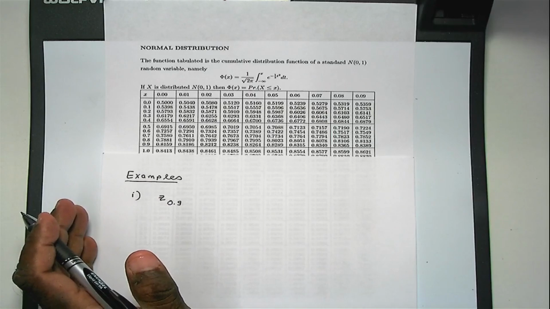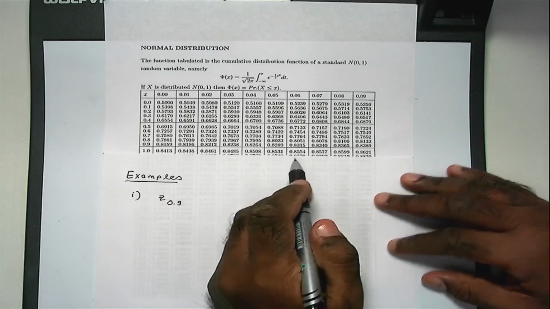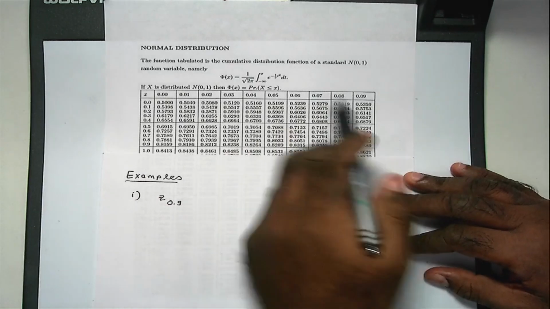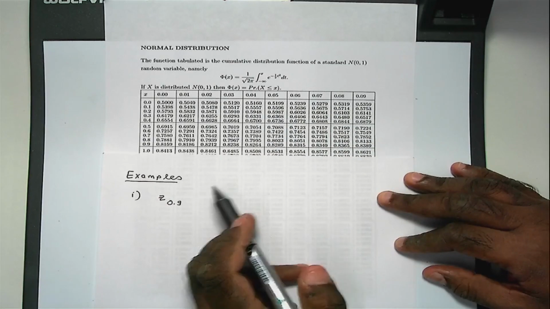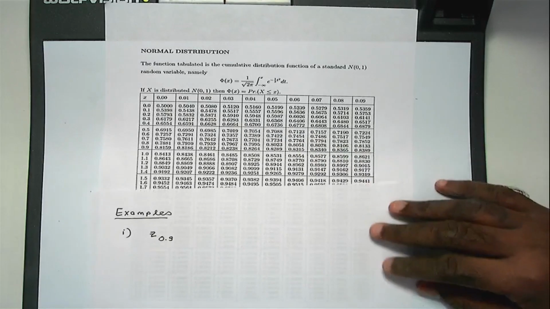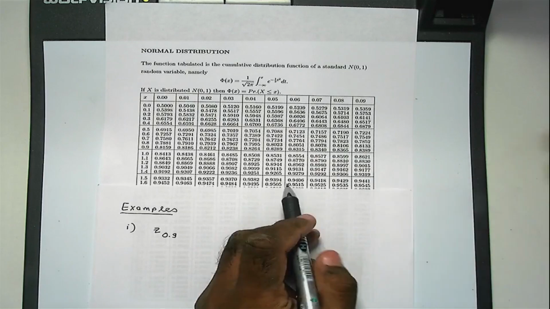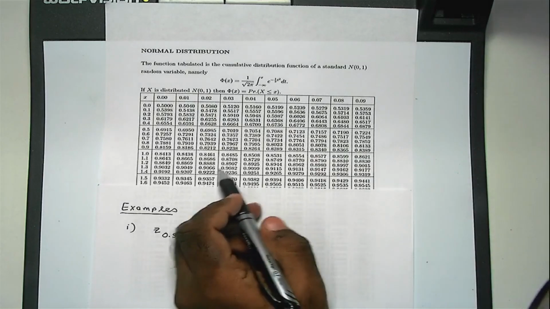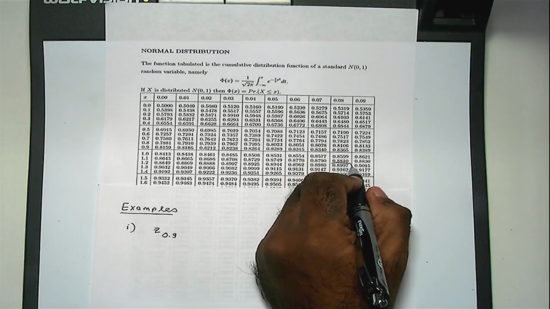So what you need to look for in this table is, this table here gives the area to the left. All this table, the big table here, right? So you need to look for 0.9 in the table. So let's see where we can get. See here, this is the closest you can get to 0.9.